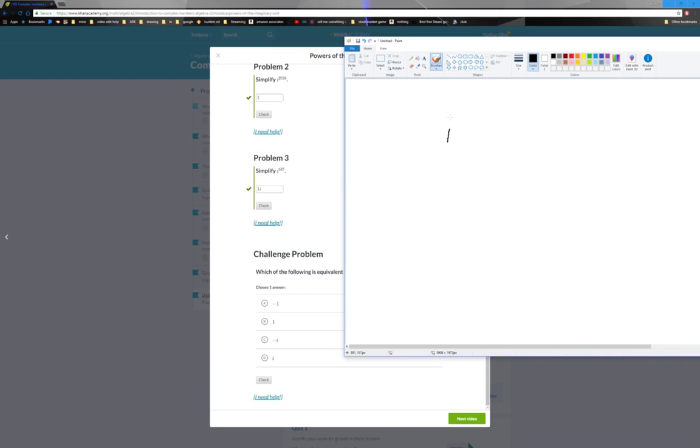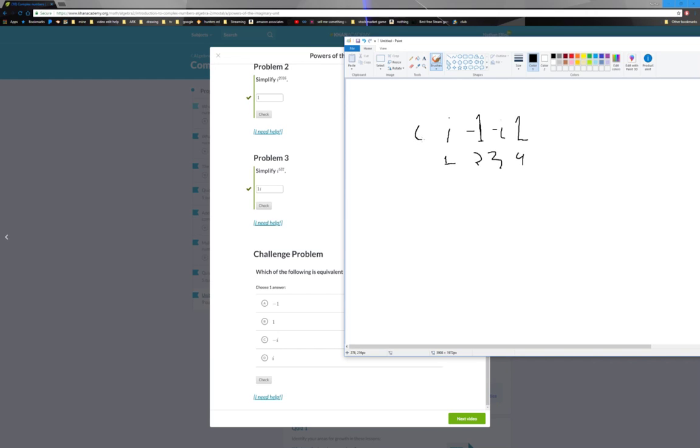It goes i, and then negative 1, and then negative i, and then 1. So this would be i to the first, this would be i to the second, this would be i to the third, this would be i to the fourth.